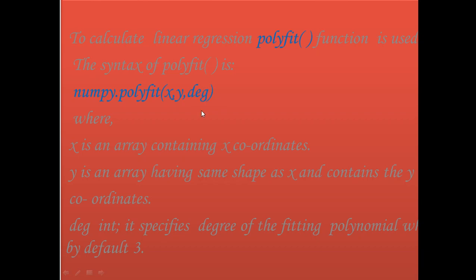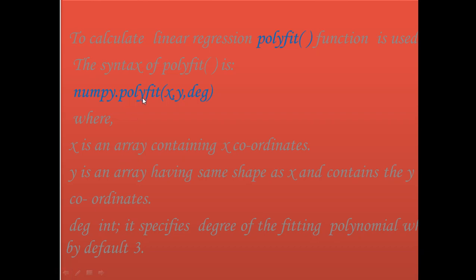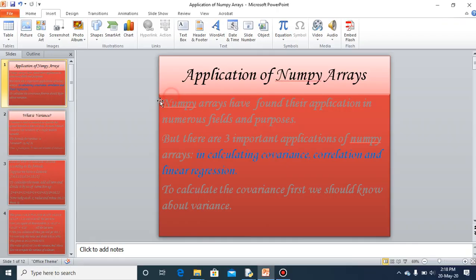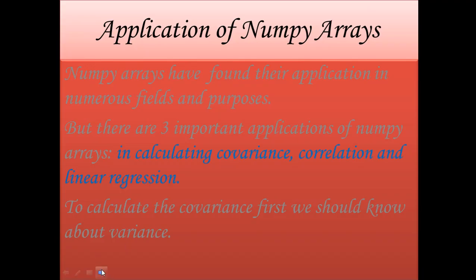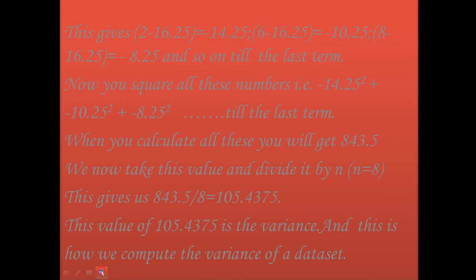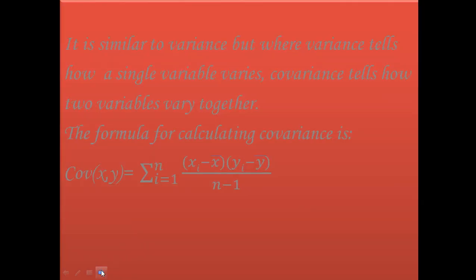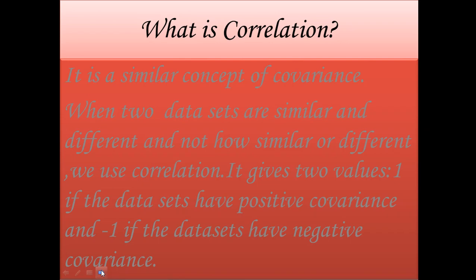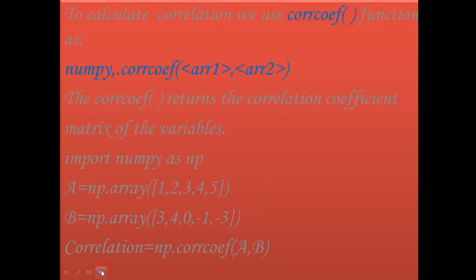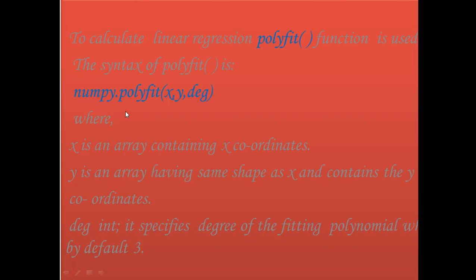So first of all, how will polyfit be written? np or numpy.polyfit, name of the first array, name of the second array, and at last the degree. That is how many degrees you want for the polynomial of a linear regression.